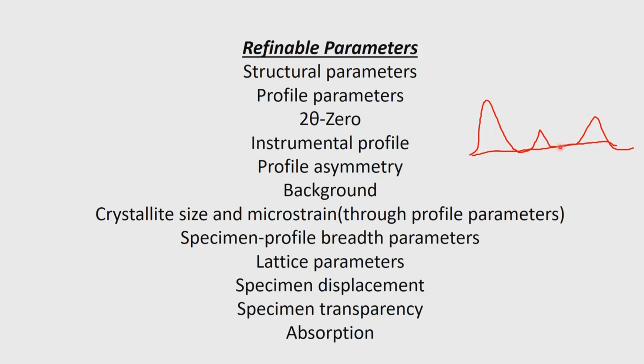Even if there is a little kick here, we do not take it as a background point. So those background points now are fitted with a polynomial, so that the peaks and the peak positions stand out. This is a little tricky issue, but again these are refinable. So profile refinements will handle this kind of phenomena.